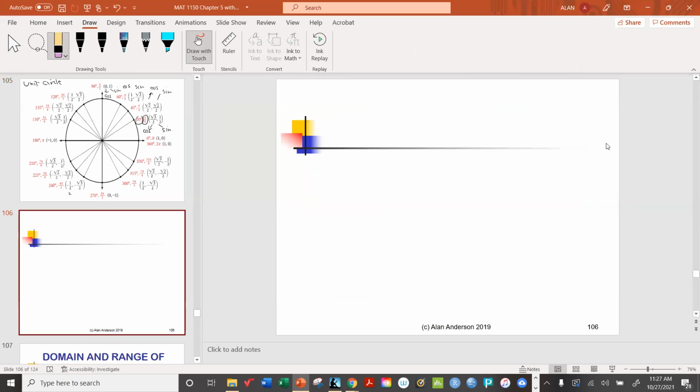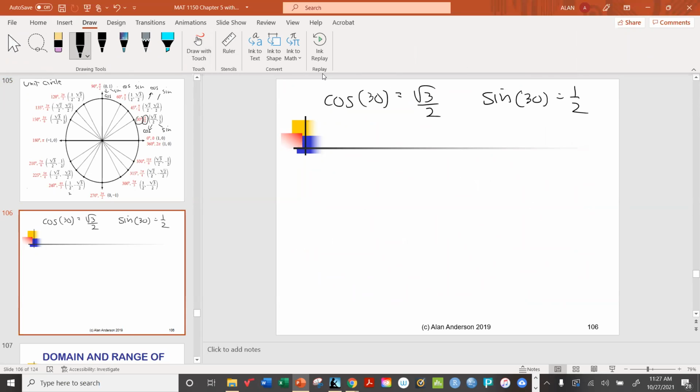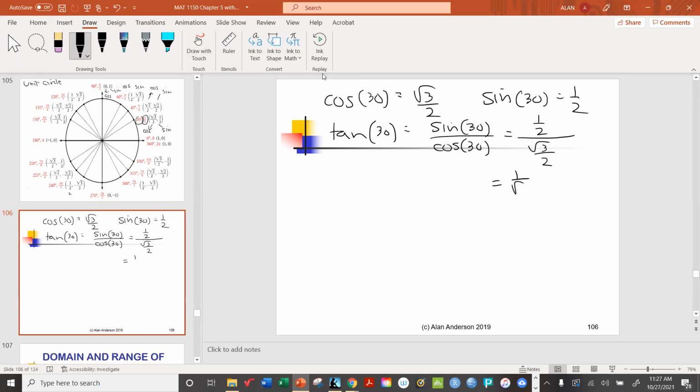All right, so since we already know that the cosine of 30 degrees is radical 3 over 2, and the sine is 1/2, that implies that the tangent equals, the twos cancel out.